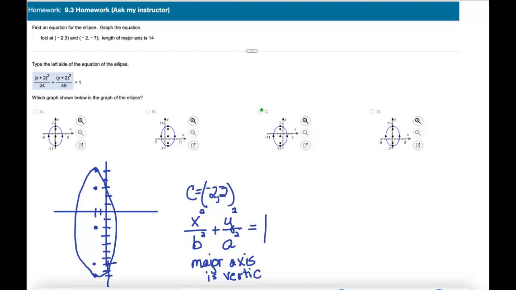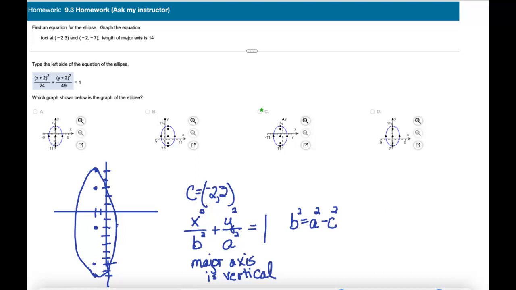And another fact that we have to work with here in our formula is that b squared is equal to a squared minus c squared. So if I start plugging in some things here, what I'm trying to figure out now is where this point's located on my axis, out here to the right and left of the center.